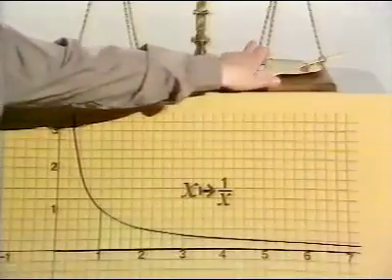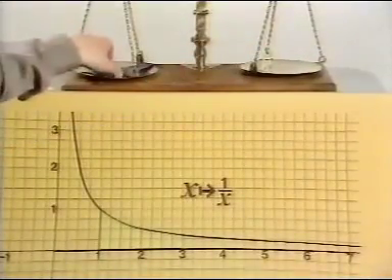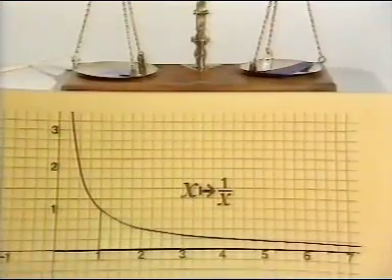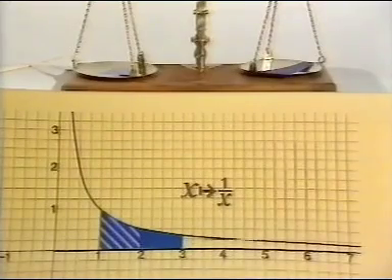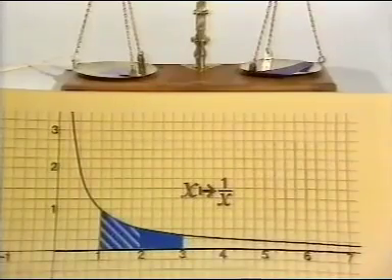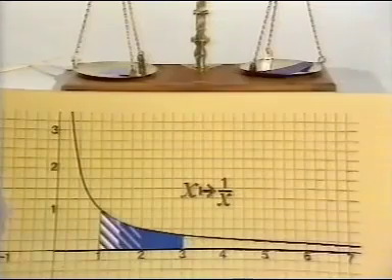Well, let's look at another case. So I'll throw this piece away, and I'll put the 1 to 3 piece on the right-hand pan. So now the situation is this. I have the piece from 1 to 3 on the right, and the piece from 1 to 2 on the left. Now, what do I need to balance those if my rule is going to work? Well, I'm going to need the piece from 1 to 1.5, because 2 times 1.5 is equal to 3.